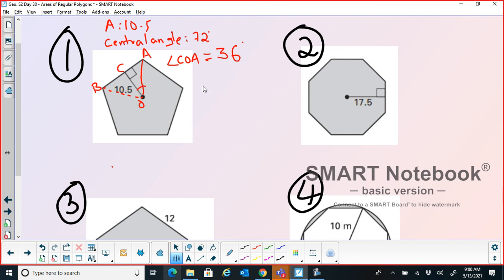So I have this as 36 degrees, and I am finding CA.